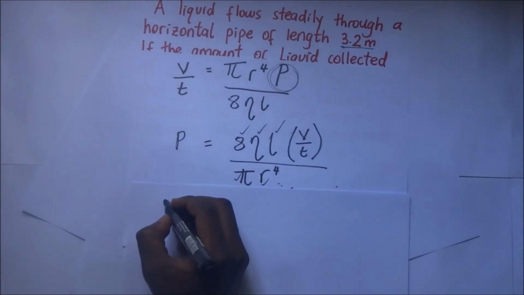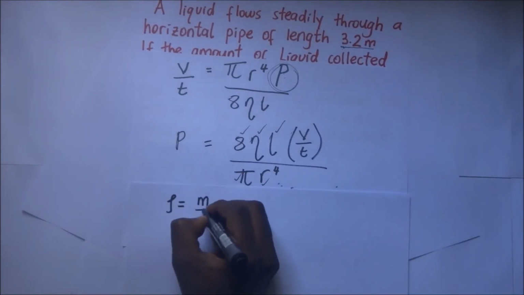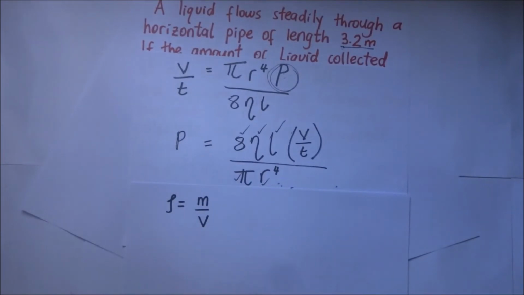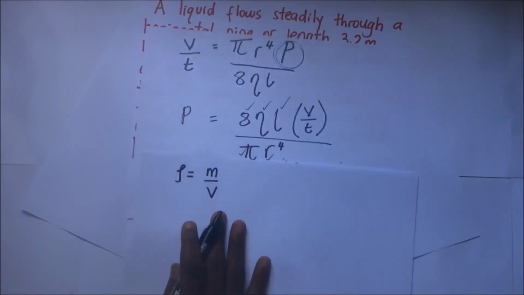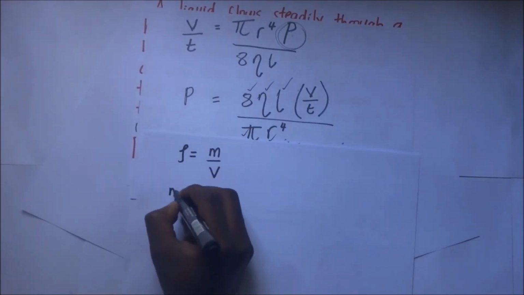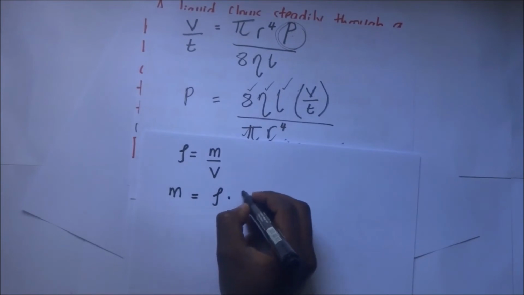First of all, we know that density is given by mass over volume. So if we make mass the subject of the formula, mass is going to be given by density times volume.